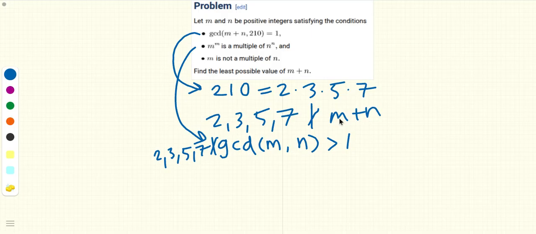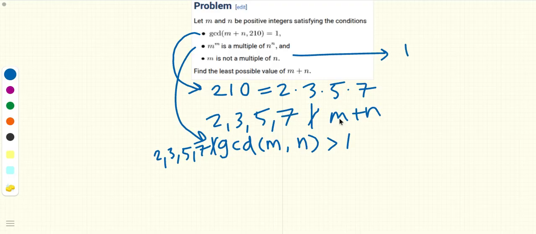And finally, m is not a multiple of n. So how can that happen? If m to the power of m is a multiple of n to the power of n, but m is not a multiple of n, then the only way that can happen is if the power of the GCD in n is greater than that in m.